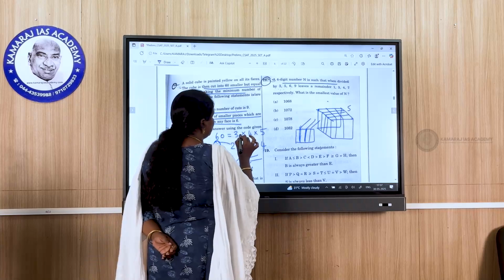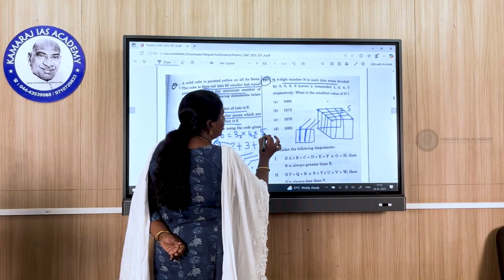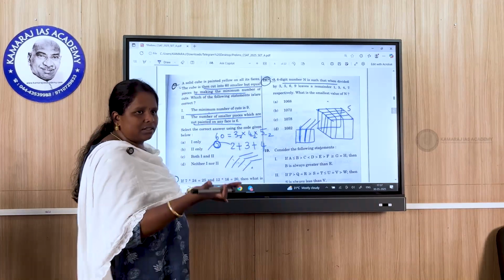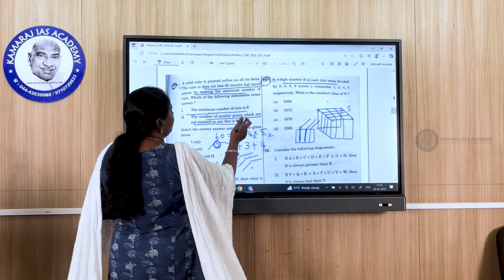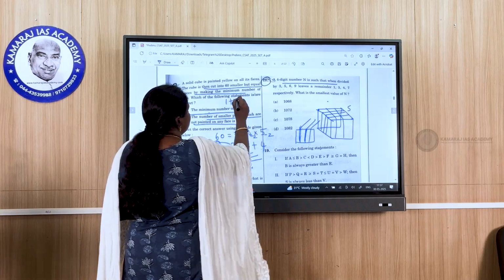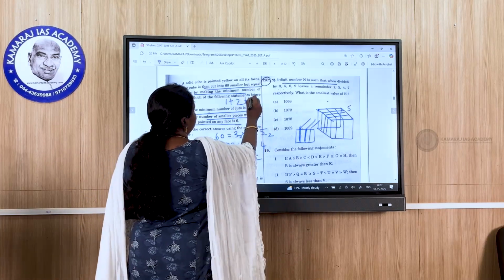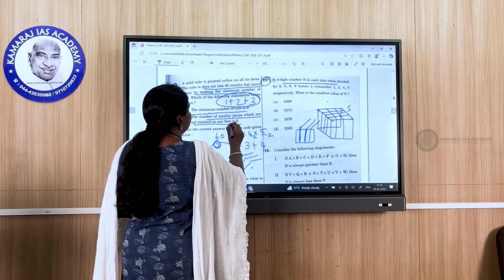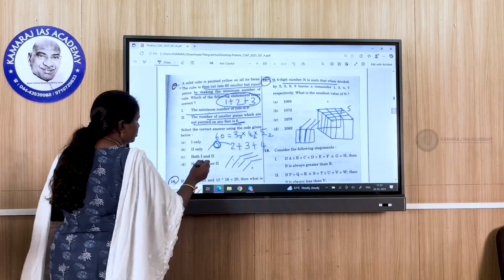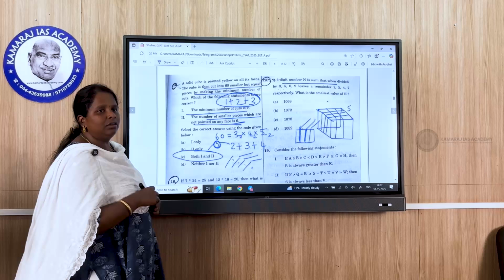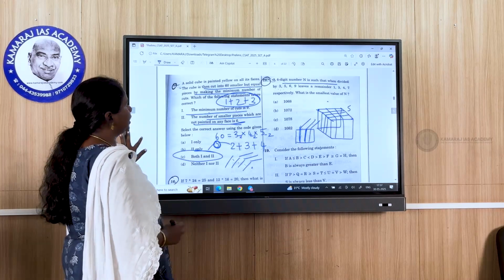So 3 minus 2, 4 minus 2, 5 minus 2. I should remove these 2 sides, right? So I will be getting 1 plus 2 plus 3. This is also 6, right? So your answer is both 1 and 2. Both the statements are correct.